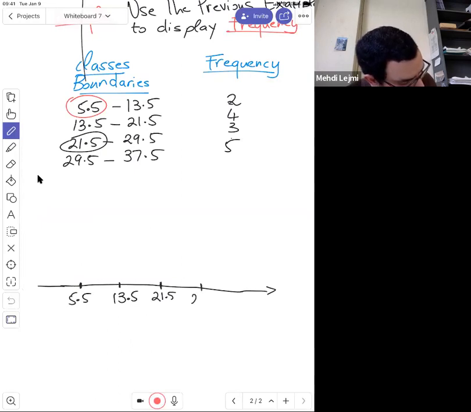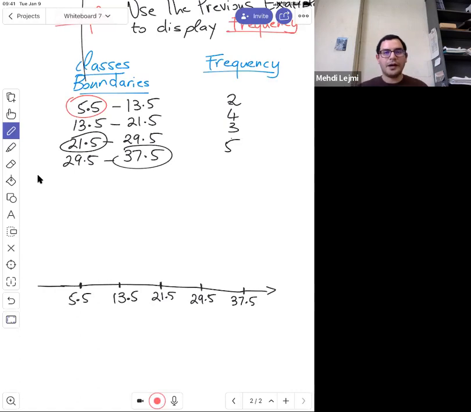Here's my 29.5, and the last upper boundary is 37.5. Again, this horizontal axis represents the class boundaries. The numbers on this number line represent the class boundaries. That's my horizontal axis.